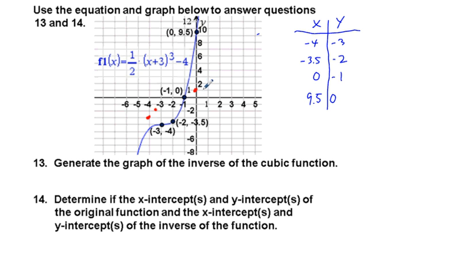And finally, oops, I got that wrong here. It's going to be 0, -1. There we go. Then we have 9.5, comma 0. We have to kind of extrapolate. So 6, 7, 8, 9, about 9.50. So this point over here.